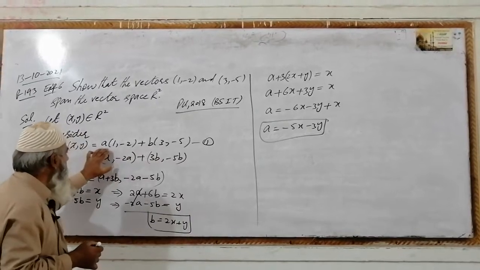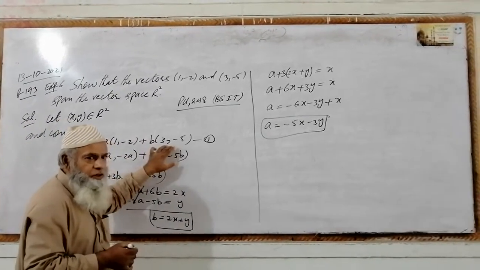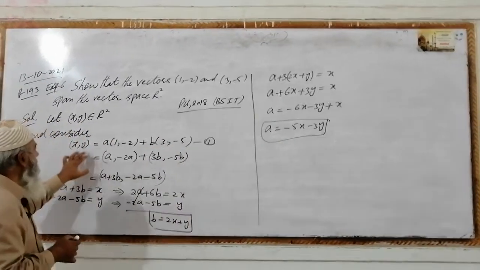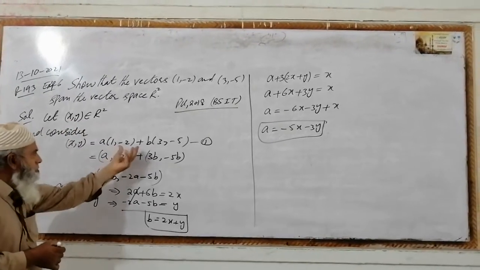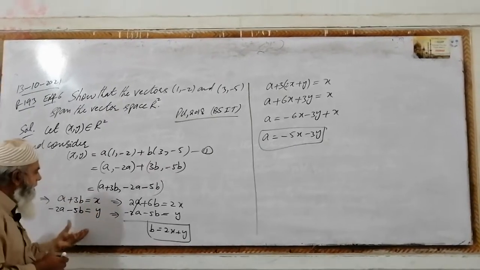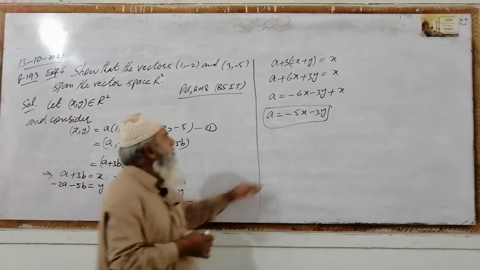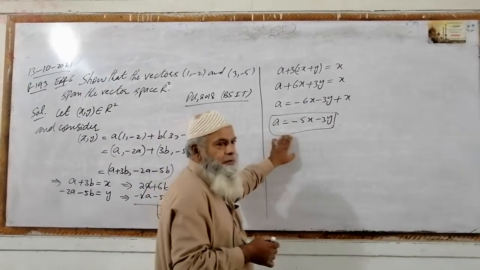We write a into the first vector plus b into the second vector, and assume this linear combination is equal to (x, y). Adding these two vectors and comparing the corresponding components, we have two equations, and solving them we succeed in finding the values of constants a and b.